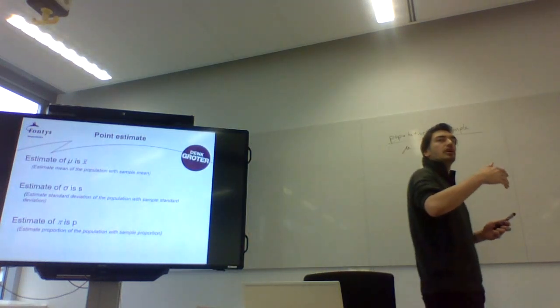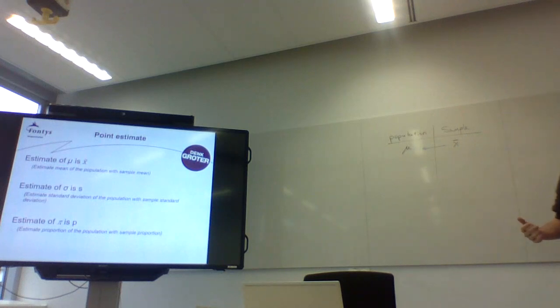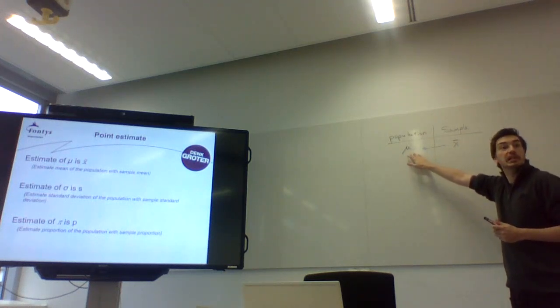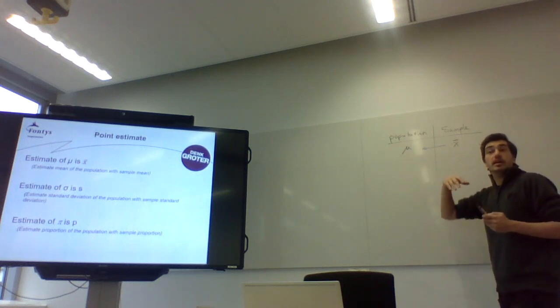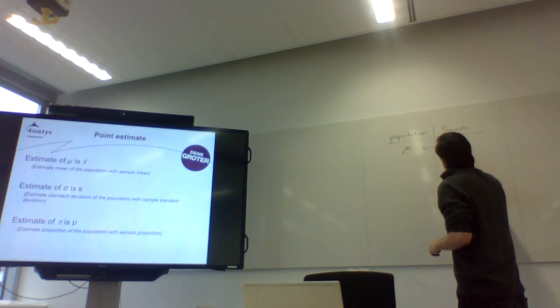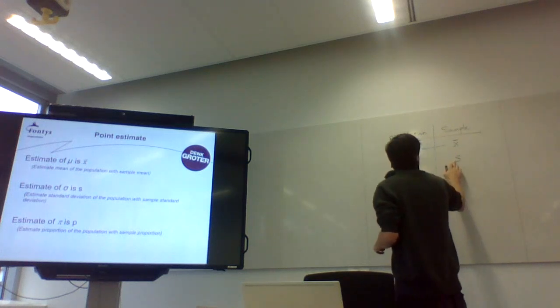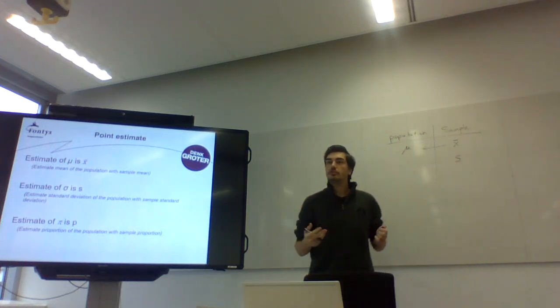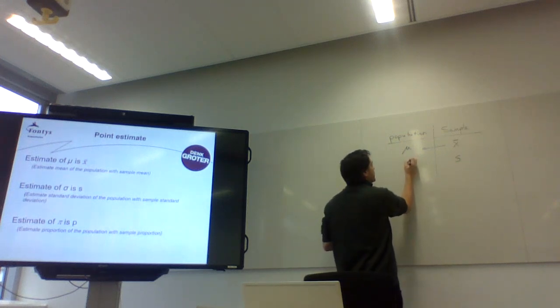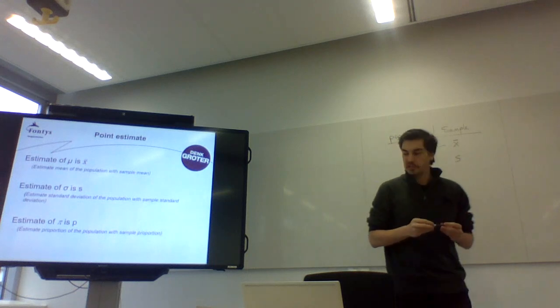We use a sample average to estimate something about the population average. Similarly, we can have a sample standard deviation S and use that to estimate something about the standard deviation of the population itself.